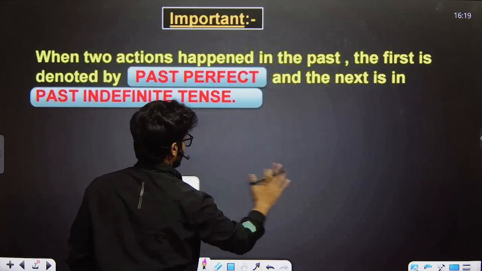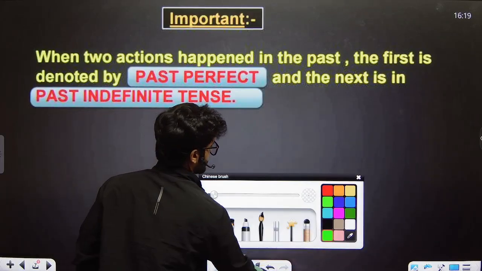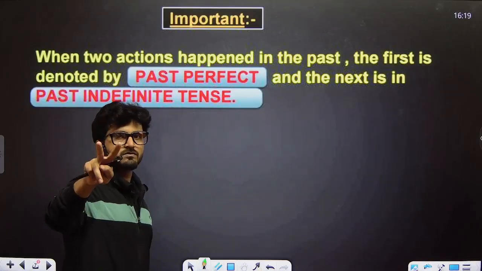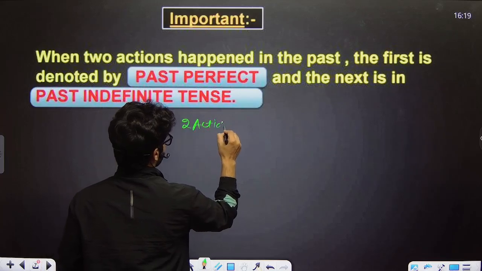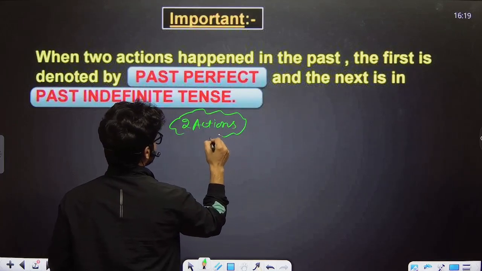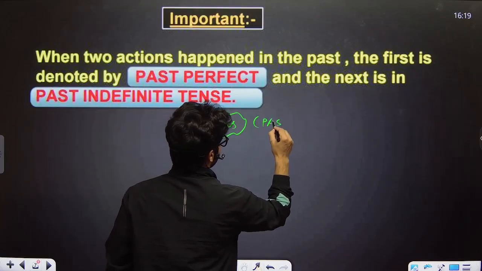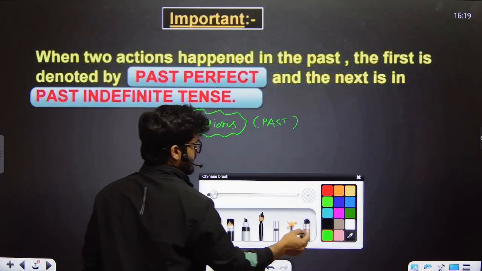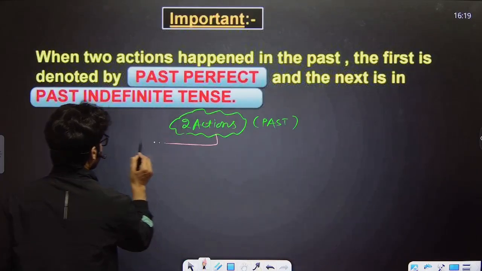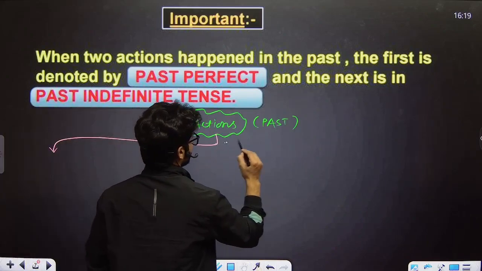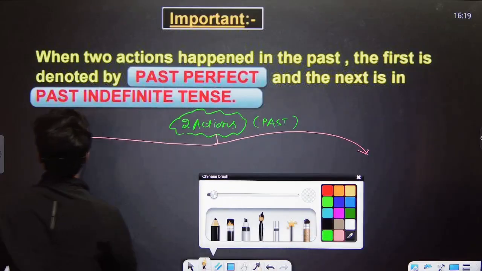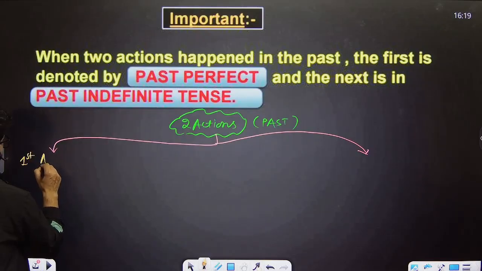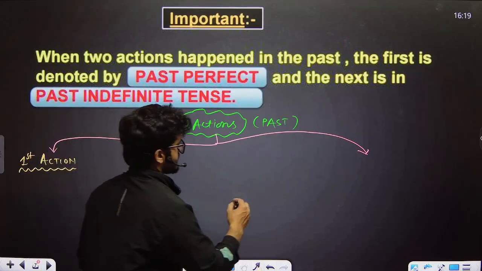Now we are discussing a case where both the actions, suppose two actions are there, and both the actions are performed in the past case. If you got a kind like that, remember what happens, the very first action and the very second one.